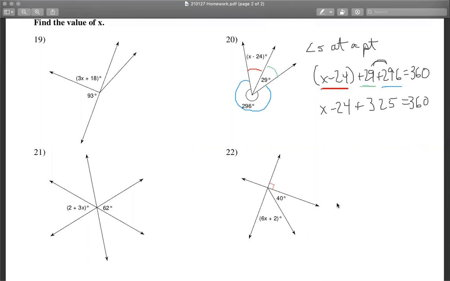Now if I combine those, minus 24 plus 325, basically 325 minus 24, x plus 301 equals 360. All right, sorry for that writing. So now I've got those combined. Now I can just subtract 301, and I get x equals 59 degrees.